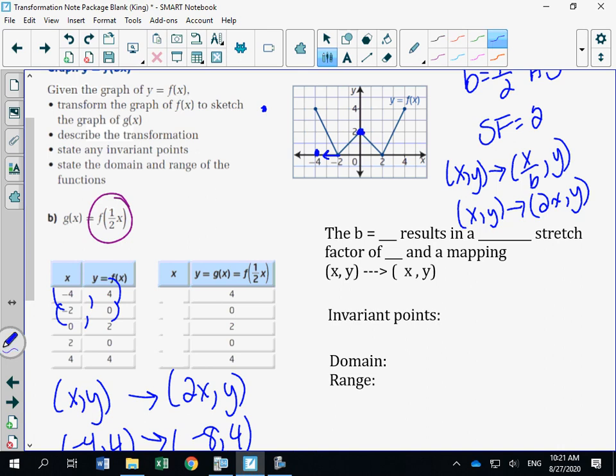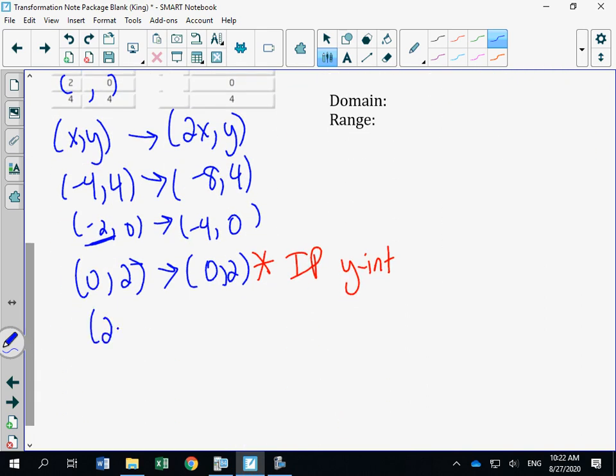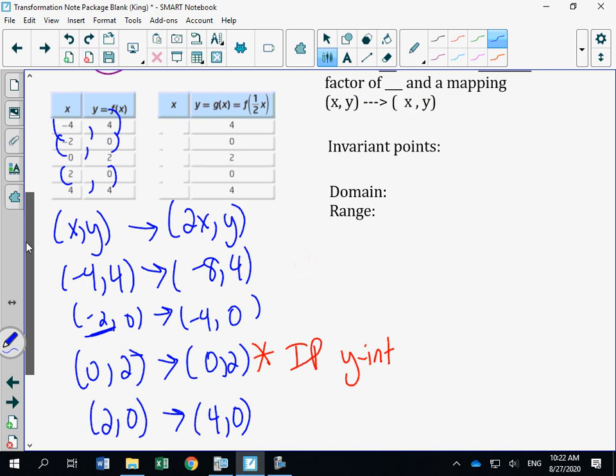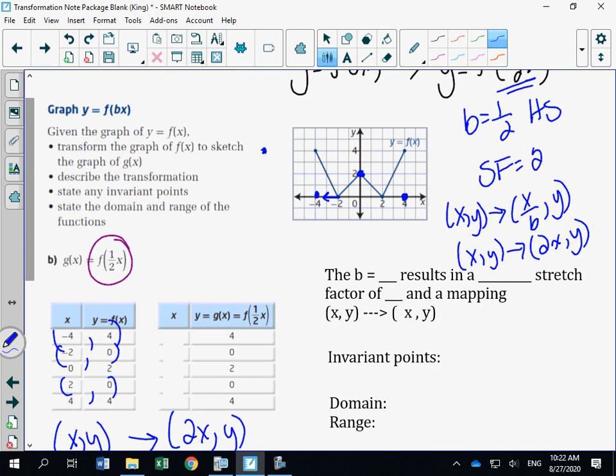So my new point is there. 2, 0 will be next. So let's map 2, 0. Multiply that x coordinate by 2 and we get 4, 0. So my new point is going to be here.